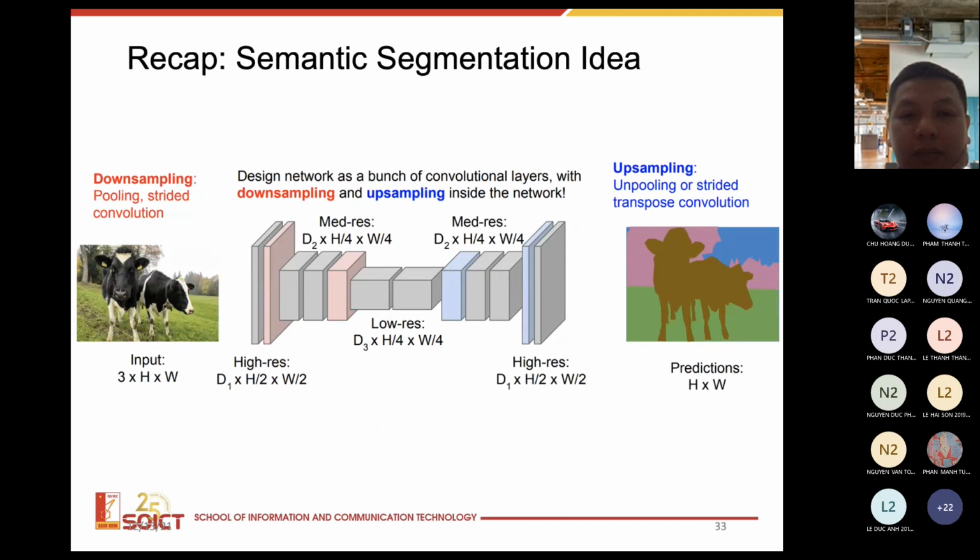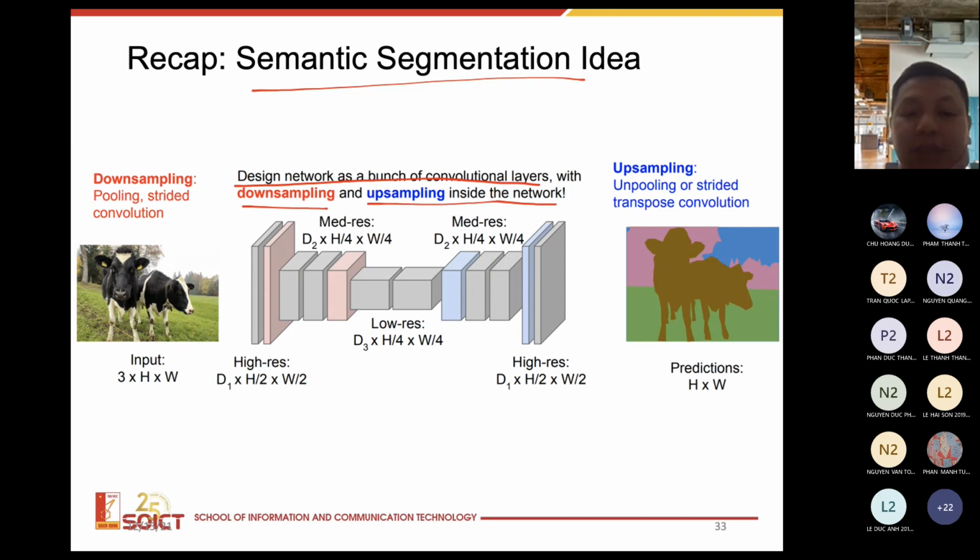Okay, so to recap about semantic segmentation with convolutional neural networks, we can design a network as a bunch of convolution layers with downsampling and upsampling inside the network, right?